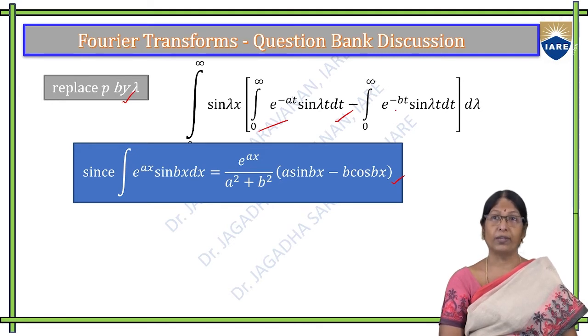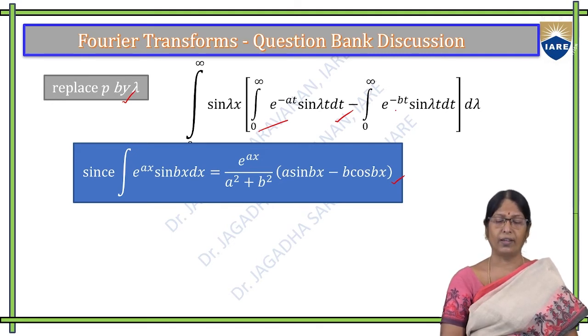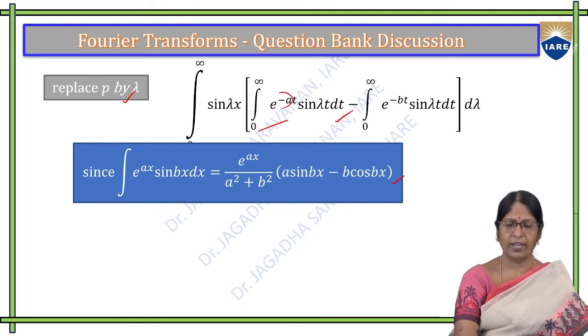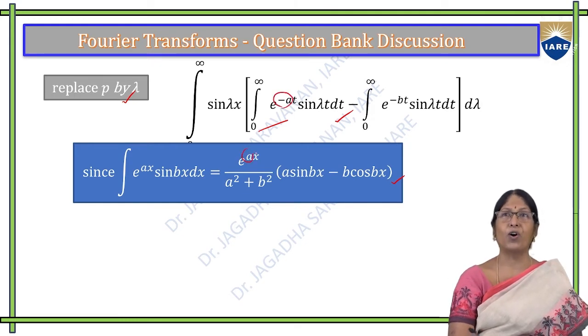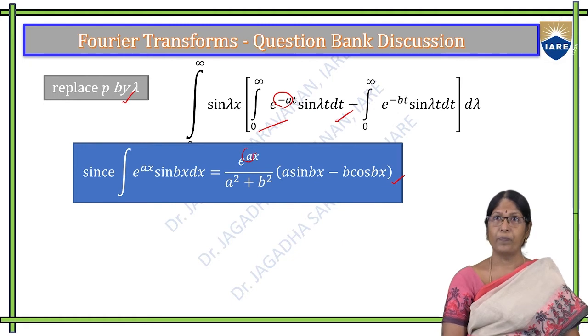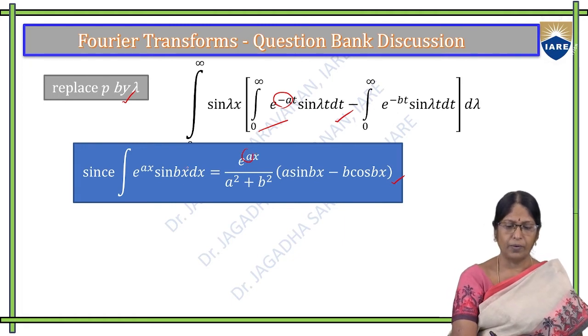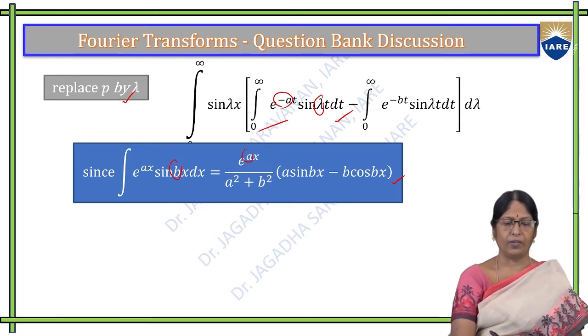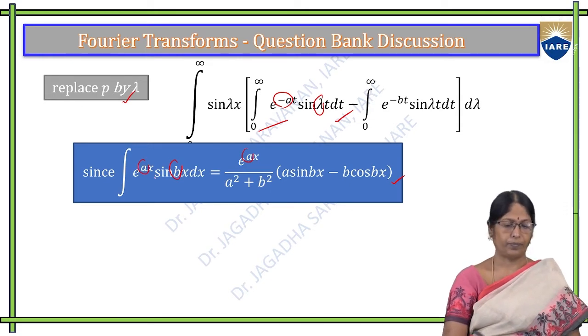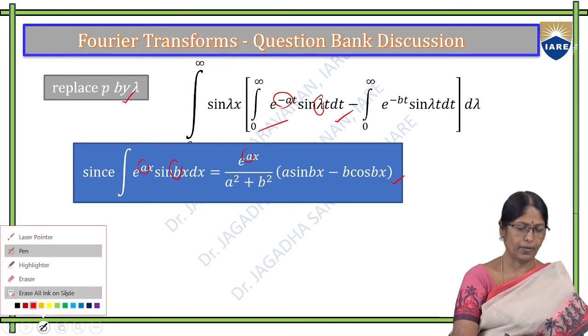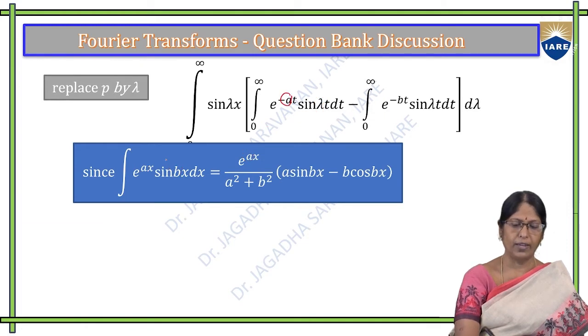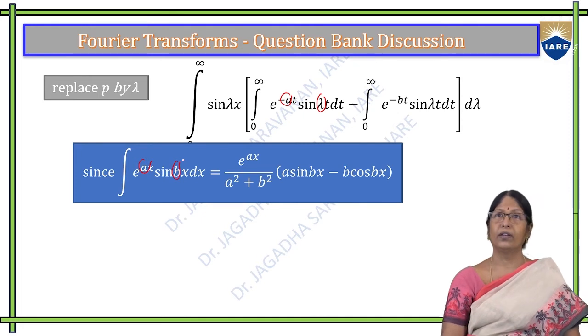This is Bloom's taxonomy, the second level, understanding. So here minus a is there, whereas in our formula a is there. And here b is there, here lambda is there. Here we can notice it: minus a, here a is there, lambda, here b is there.